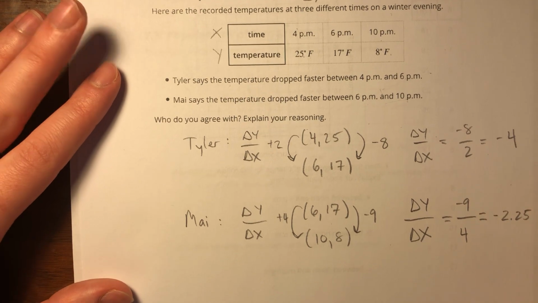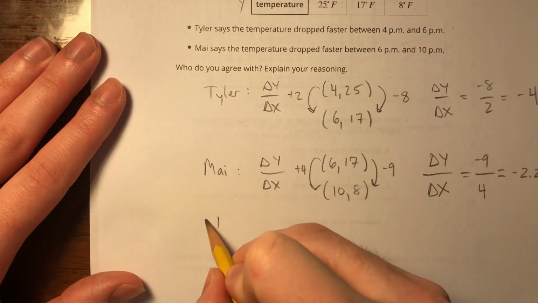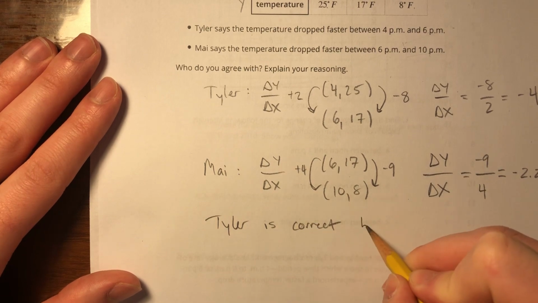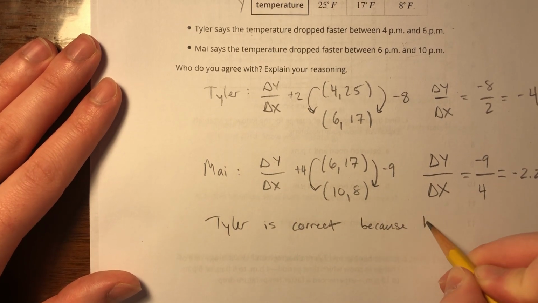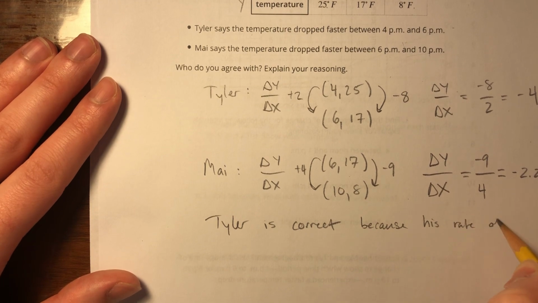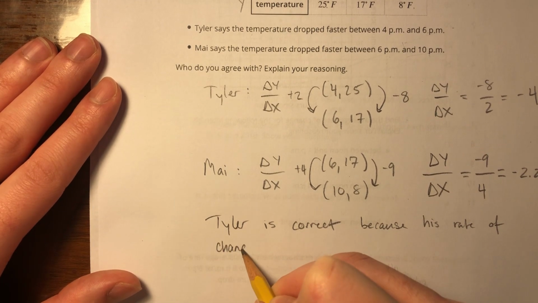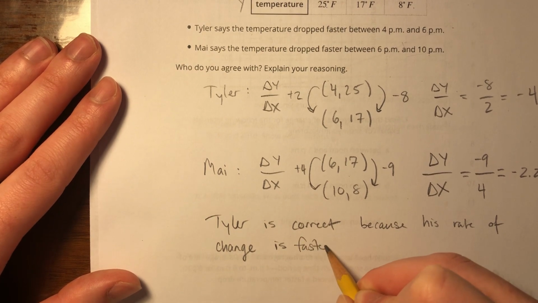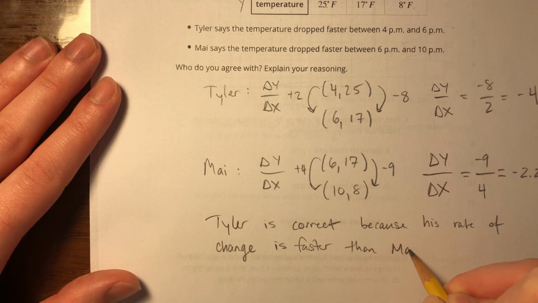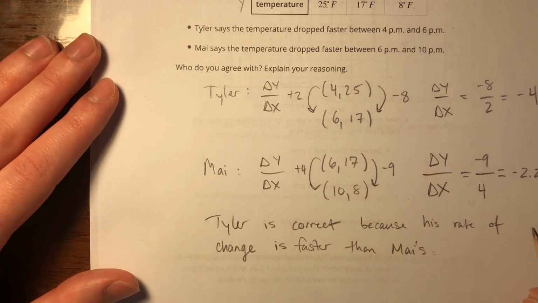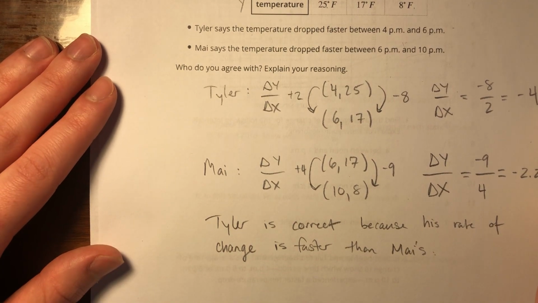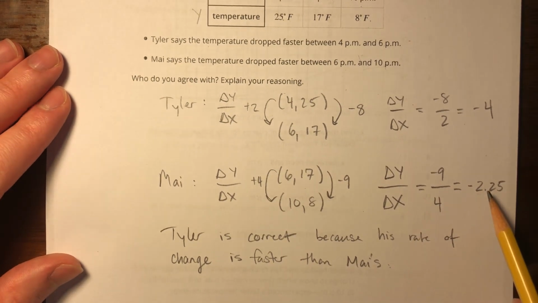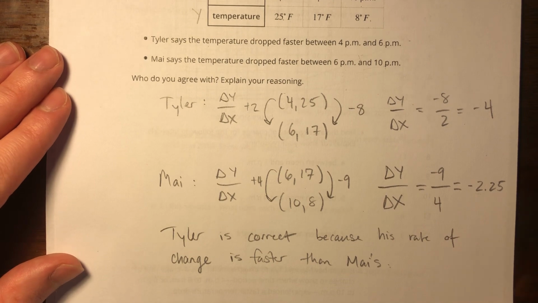So Tyler is correct, because his rate of change is faster than Mai's. Dropping 4 degrees an hour is dropping faster than dropping 2¼ degrees per hour. All right, that's all for 7.1.